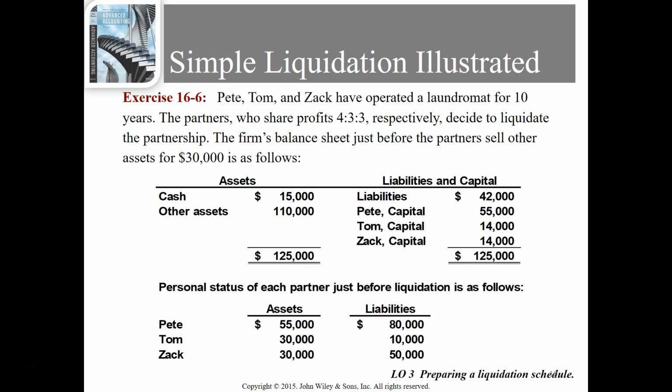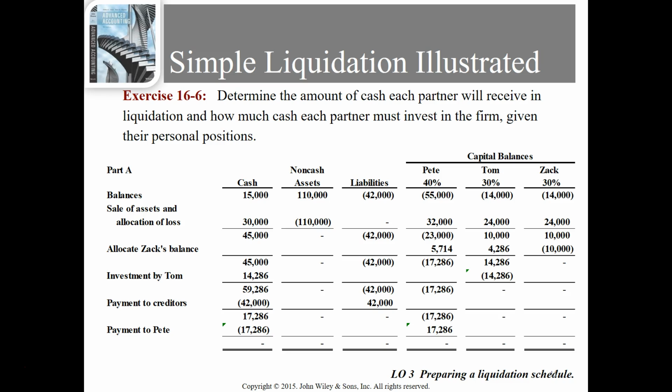They do not have enough assets to cover their liabilities. Let's determine the amount of cash each partner will receive in liquidation, and how much cash each partner must invest in the firm, given their personal positions.